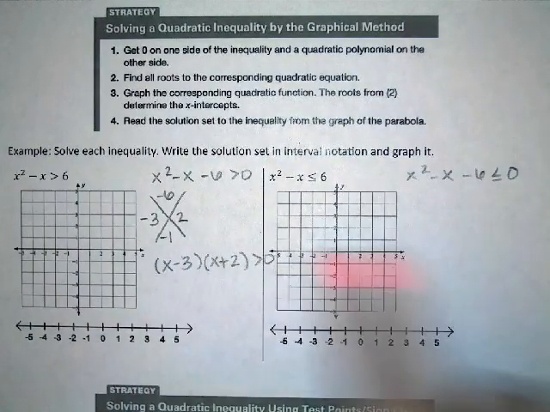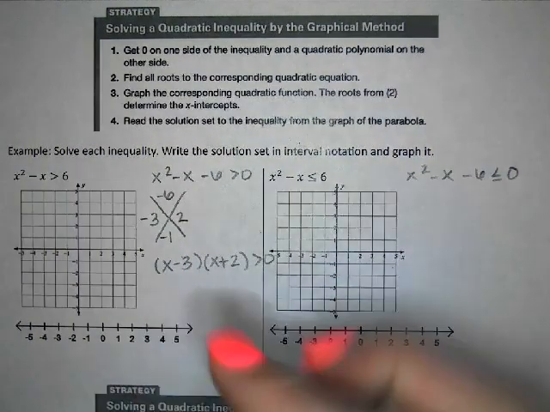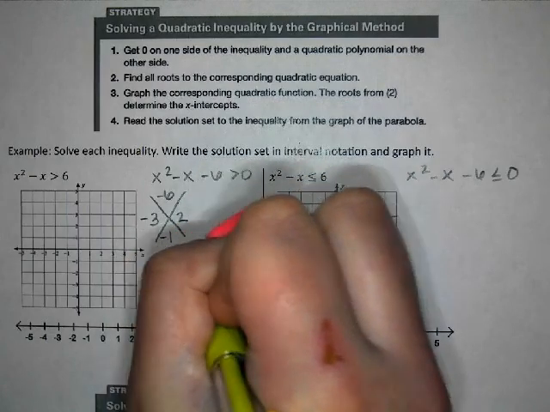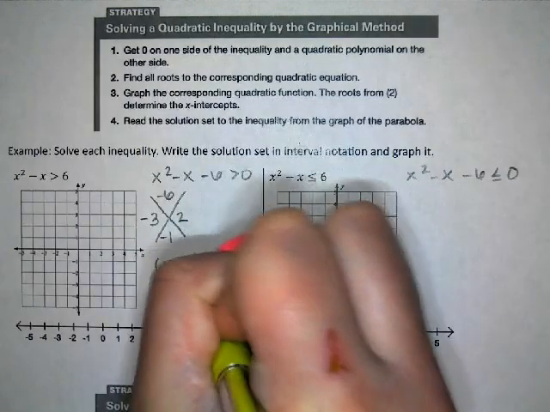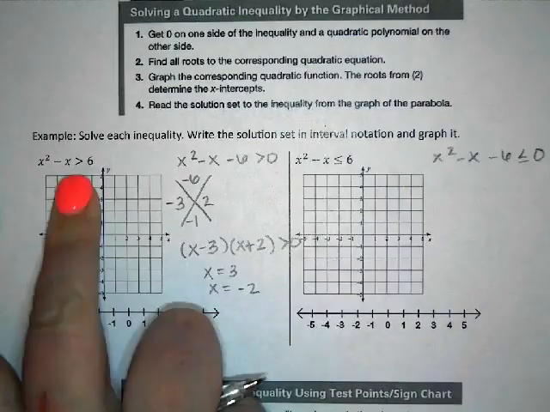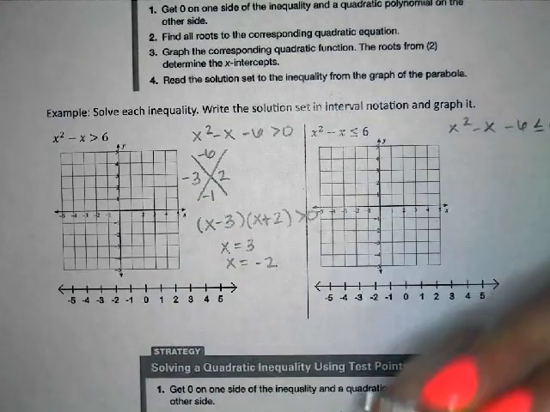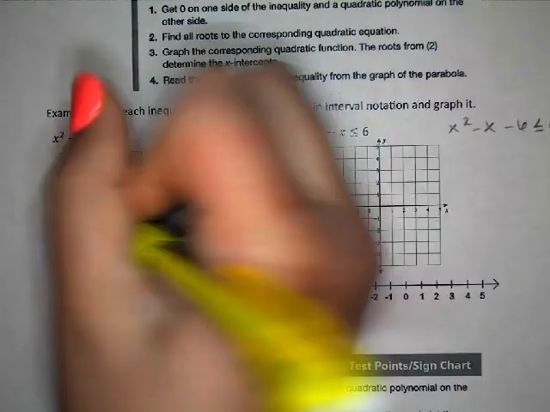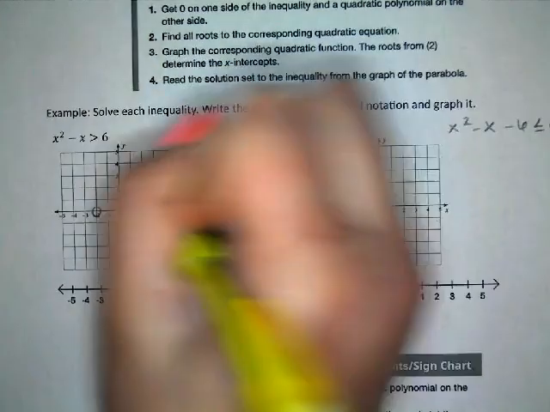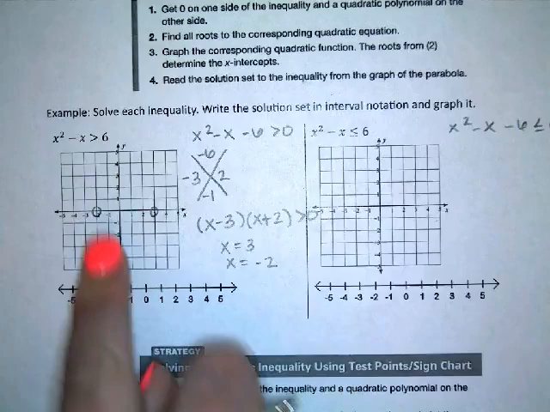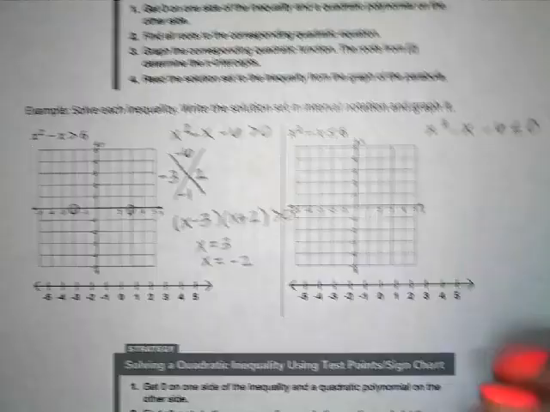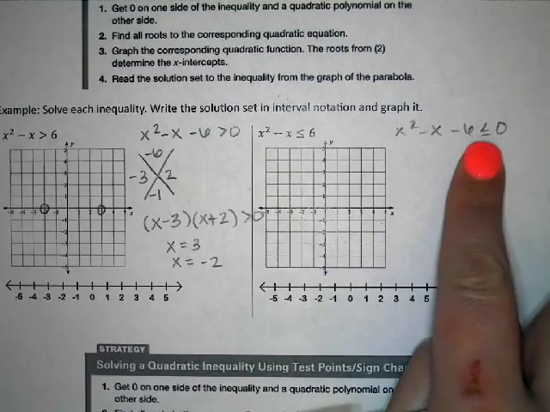Now here, this problem says greater than 0. You can't equal 0, it's just greater than 0. So I'm going to circle -2 and 3, but I'm not going to fill them in because I can't equal those points. Over here it says less than or equal to, so I'm going to circle 3 and -2, and I'm going to fill them in because I can have those points.